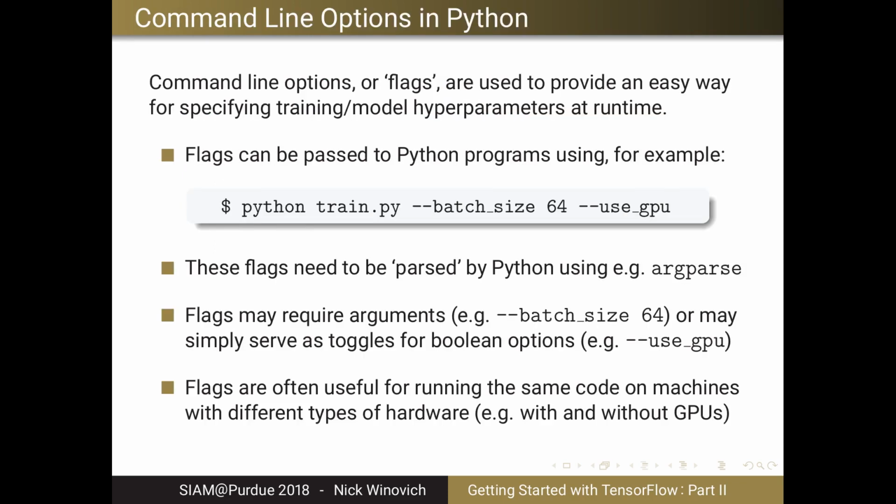So going back to some more usability features and convenient ways to organize your code, and also a way to follow the TensorFlow code. If you go through the source code, you'll see this a lot: storing command line options or different hyperparameters in the form of flags.